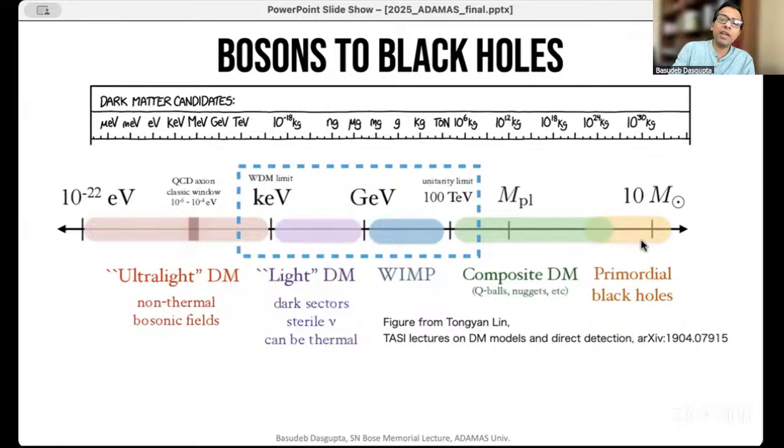And at these very high masses, let's say solar masses, 10 solar masses and beyond, one of the favored candidates is something called a primordial black hole. Now, I told you that normal stellar black holes that form because of the collapse of stars cannot be dark matter, because then these stars at some point of time would have been in the form of hydrogen and helium and so on, and that would have screwed up Big Bang nucleosynthesis.